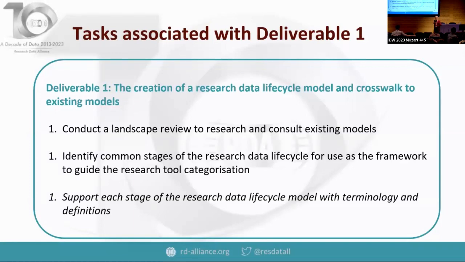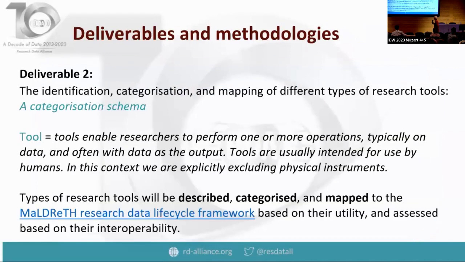We tried to identify common stages of each phase, and then we supported each stage of the research life cycle with terminology. And the way we did this was exactly how we're going to do it today. There were working groups, and people investigated what was out there, and then came up with the model with the phases and the description for each phase. So that's where we are at the moment.